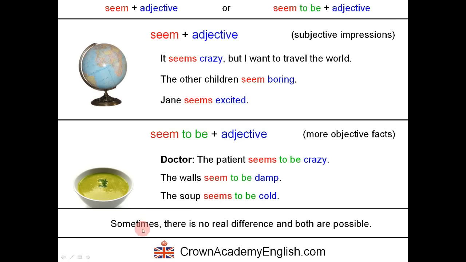However, sometimes there is no real difference between these two. Honestly, between the soup seems to be cold and the soup seems cold, there is very little difference in meaning, and often both are possible.